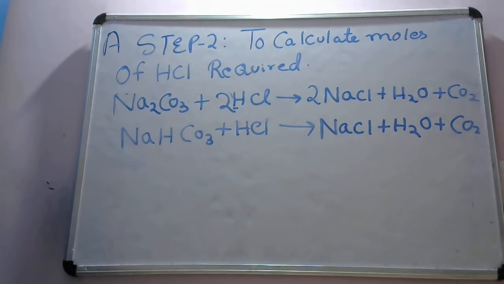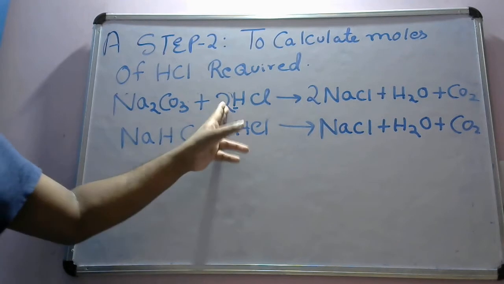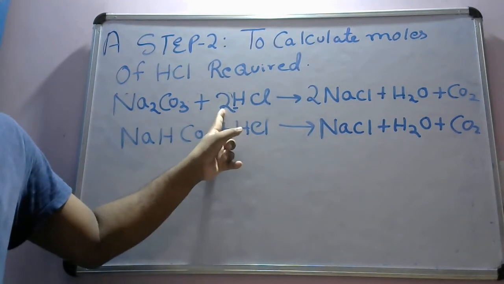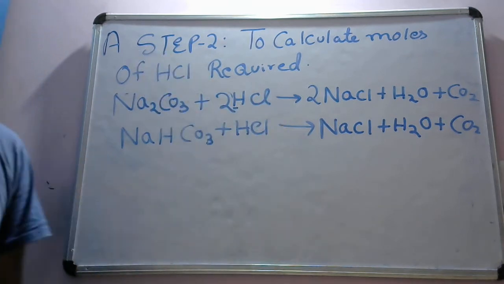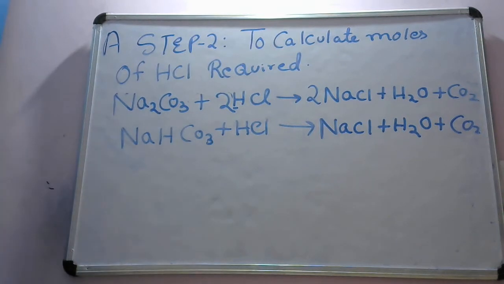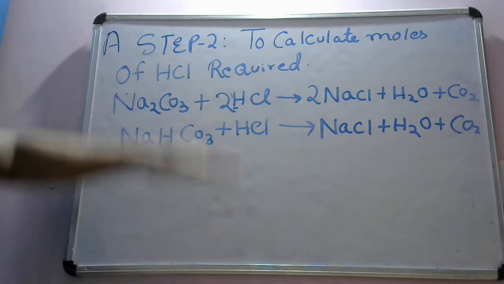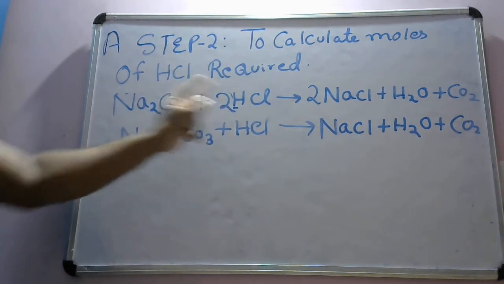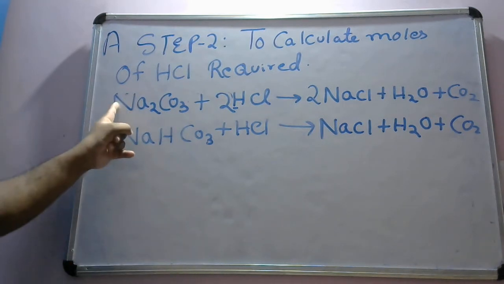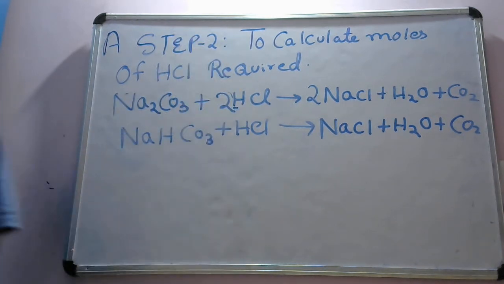Now, while using stoichiometry, the coefficient we will consider as the moles. HCl coefficient is 2 means the number of moles is 2. NaCl coefficient is 2 means the number of moles of NaCl is 2. Coefficient 1 means the number of moles is 1. So from the first reaction of Na2CO3 with HCl, what can we conclude? 1 mole of Na2CO3 requires 2 moles of HCl, because the coefficient is 2.